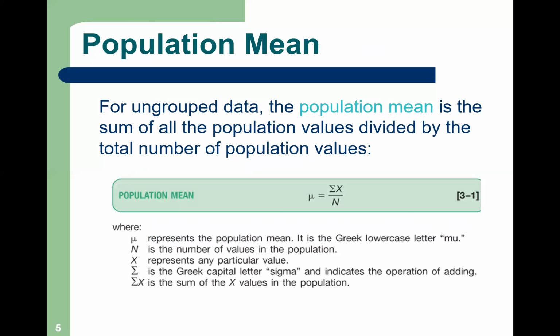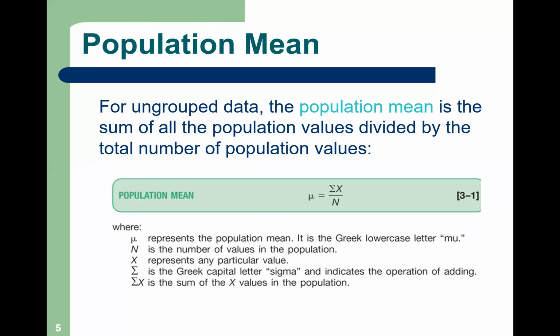So for ungrouped data, that is not formulated in frequency distribution form. In the previous lecture, we learned how to convert raw data into a frequency table. If data is not converted into a frequency table or frequency distribution, the way to calculate arithmetic mean is different.